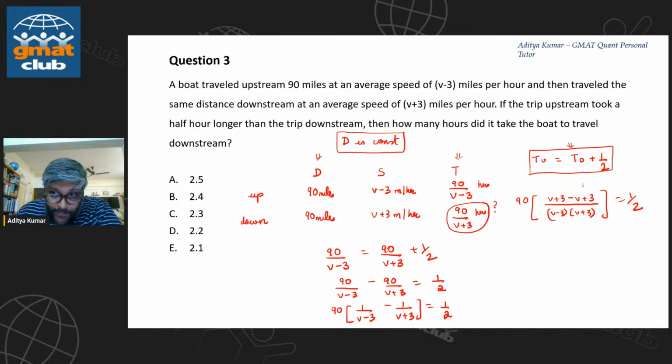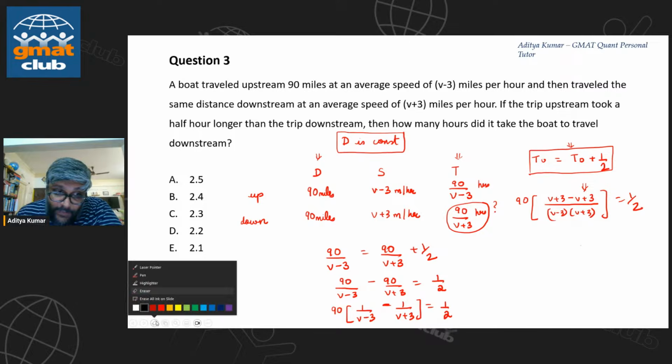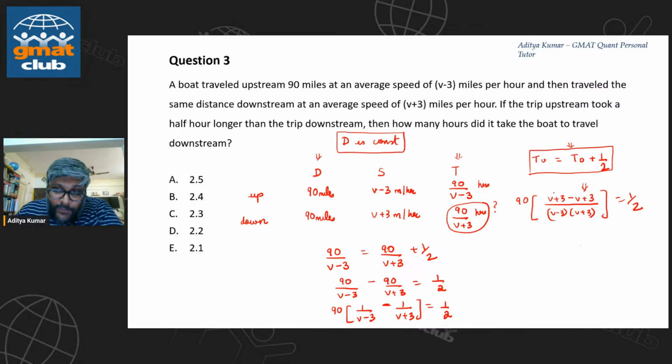So many of you would have made a mistake at this point. You'll make a mistake with the negative sign between the two terms. When you take the LCM, it's going to be v plus 3 minus of v minus 3, right? So many people have only put the negative on the v and forget the negative on the minus 3 as well, and then make a big blunder. So be a little careful with how you work with the algebra.